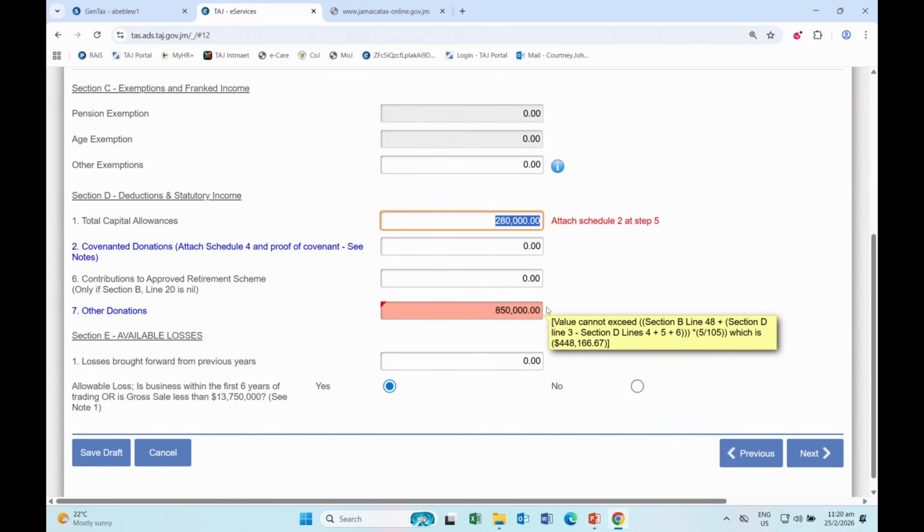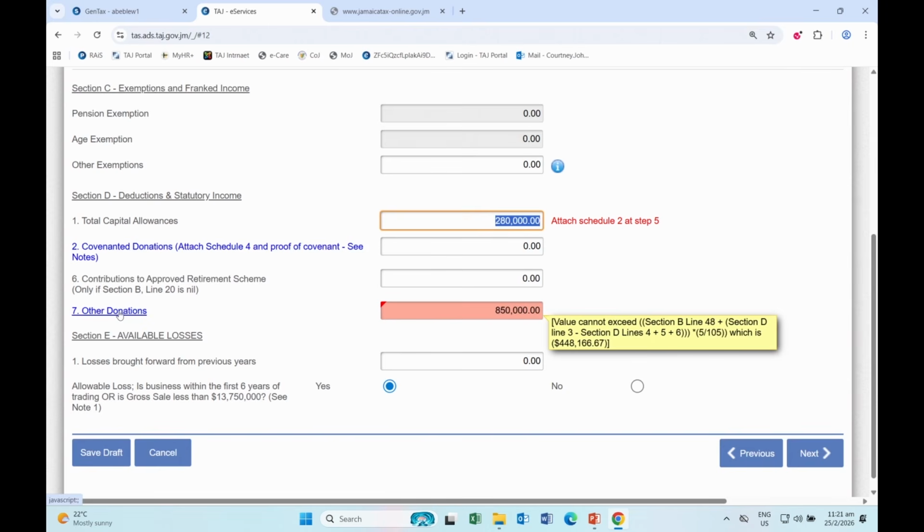When we get to this page, you notice it's highlighted in red, and it gives a message. It says value cannot exceed section B, line 48. That speaks to the line that has the statutory income. So we would have to adjust this amount before we can go further.